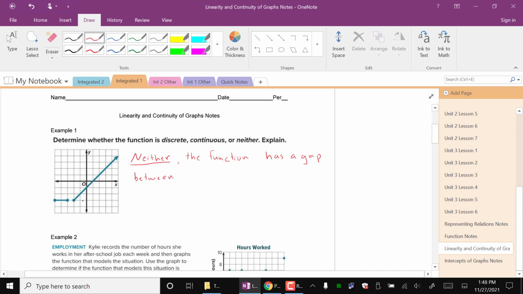So this would be -1, -2, and then this would be -3. X equals -2 and X equals -3. So the function has a gap between X equals -2 and X equals -3, like a discrete function.